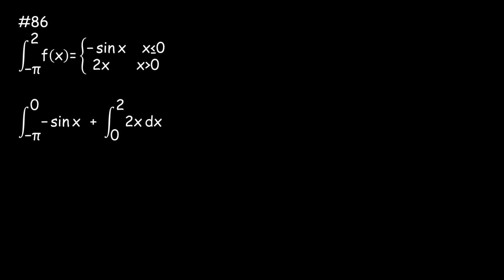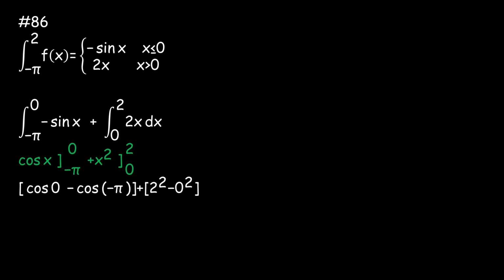It's actually cos x, and the integral of 2x is 2x squared over 2, which is just x squared, from 0 to 2 and from negative pi to 0. Substituting the values here, we have cos 0 minus cos negative pi plus 2 squared minus 0 squared. If we simplify all our answers, we should get a 6.